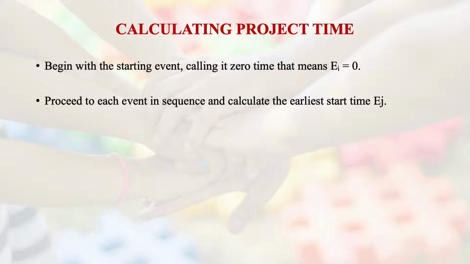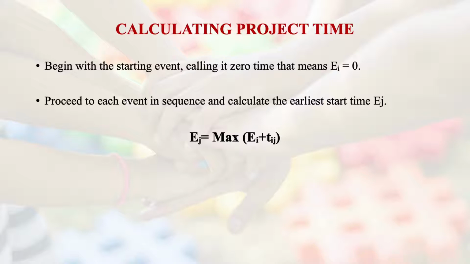The formula for computation is EJ equals the maximum of EI plus Tij. So from the ith to the jth node, we will be using EI, adding Tij to it, and we will be getting EJ.